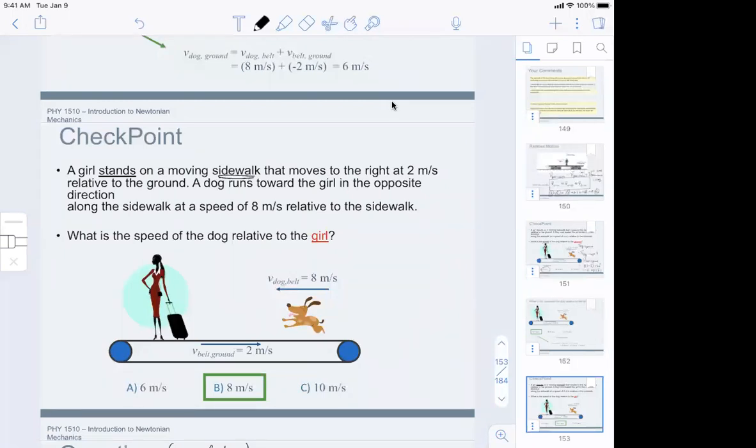They're moving together. Velocity of girl to the belt is actually 0. So this question is really asking, what is the speed of the dog relative to the belt, because the girl and the belt are moving at the same velocity. Dog relative to the belt is already given, is 8. So the answer would be 8.